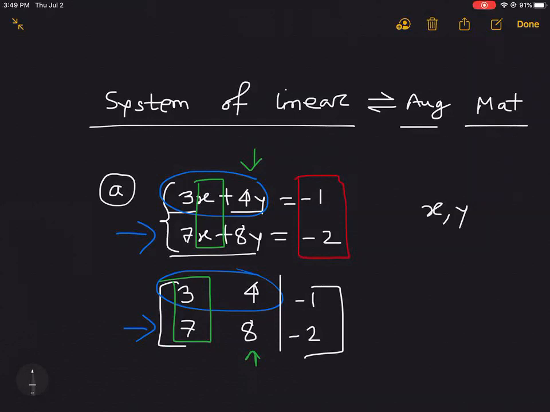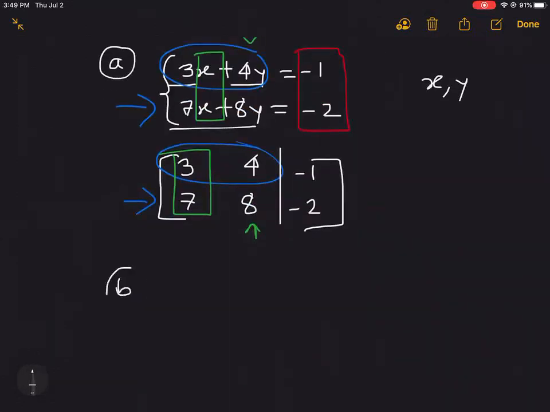Let's try one more example, all right, and see whether it could be complicated to write this augmented matrix, because it looks pretty easy, and it is actually, but if there is any complication, if there is any space for errors, we want to see that as well.